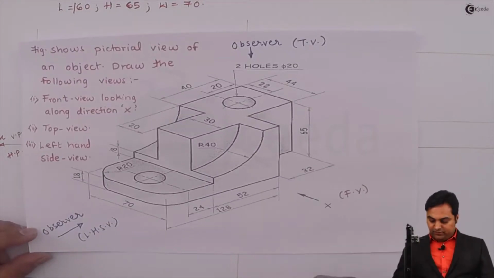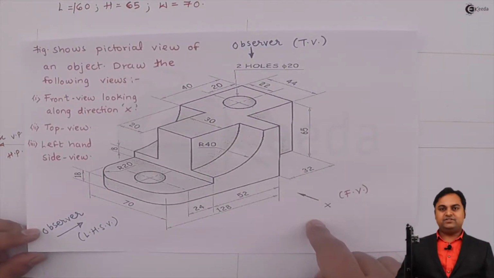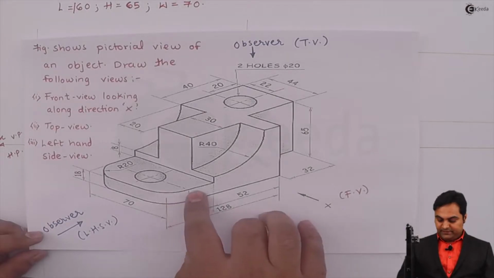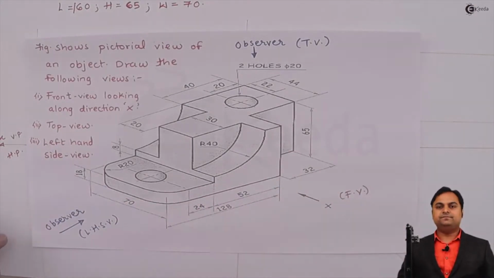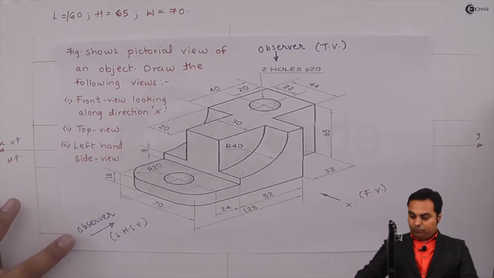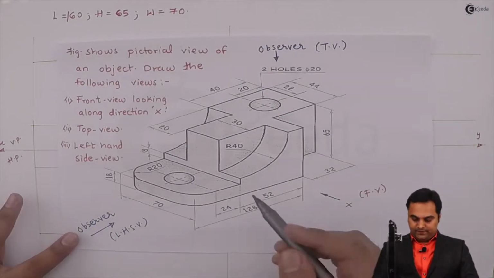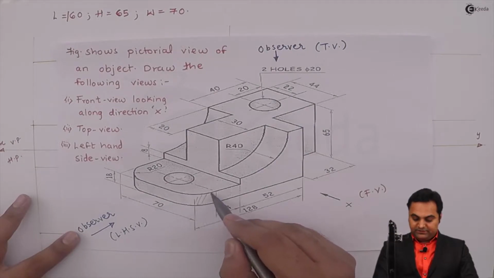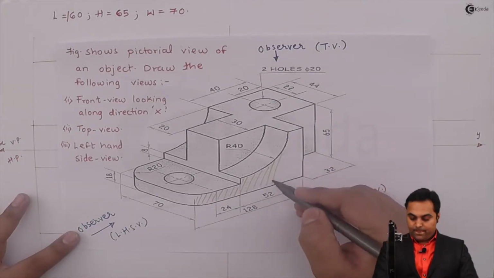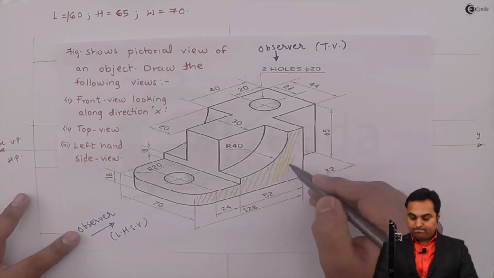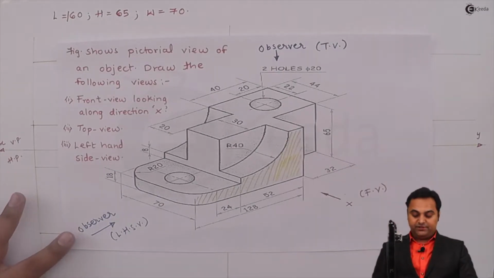So as an observer, when I'm looking from x direction, I'm going to see this plate which is of 18 mm height and this entire surface. So here when I'm looking from the front, this complete surface will be visible to me, which I have shaded here.